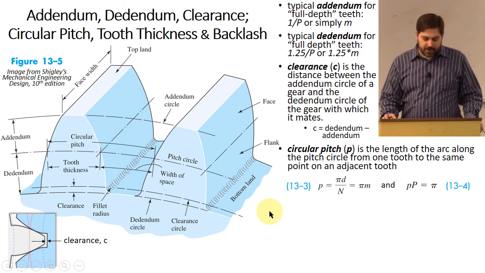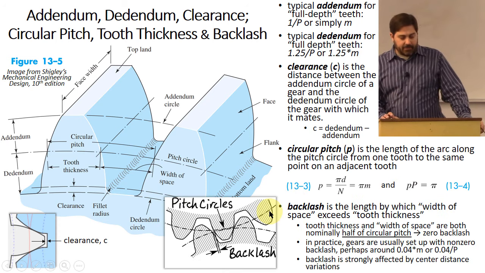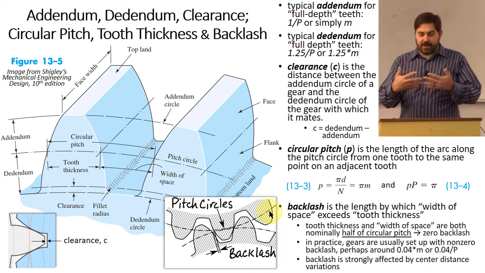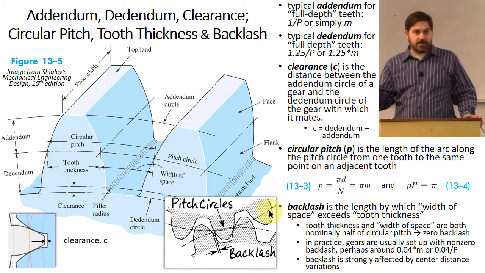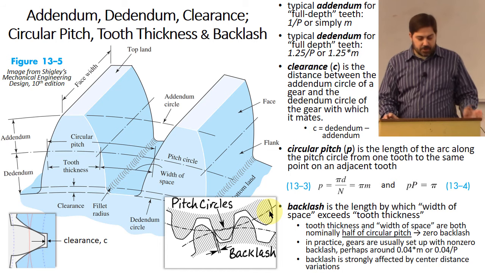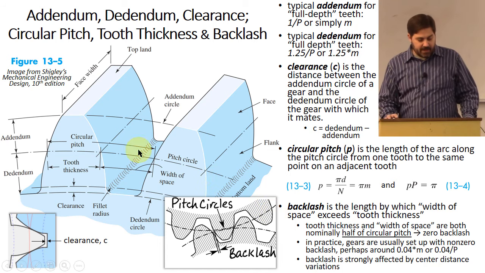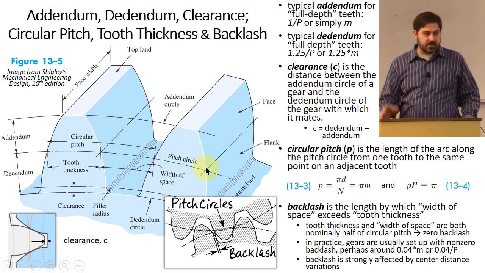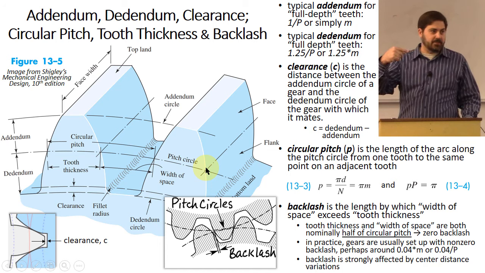Why do we care about circular pitch? Well, in order for these teeth to properly mate with each other, we have to have an idea of how far apart each one of the teeth is. And it should make sense to us that the amount of space that you have between one side of the tooth and the other should be about half of the total width right here, so that the tooth from the other gear behaves the same way.